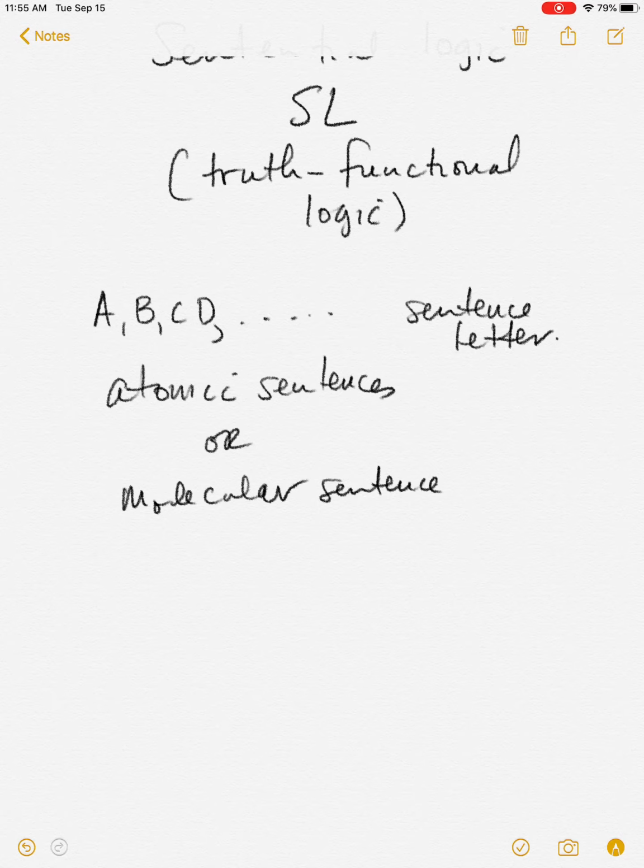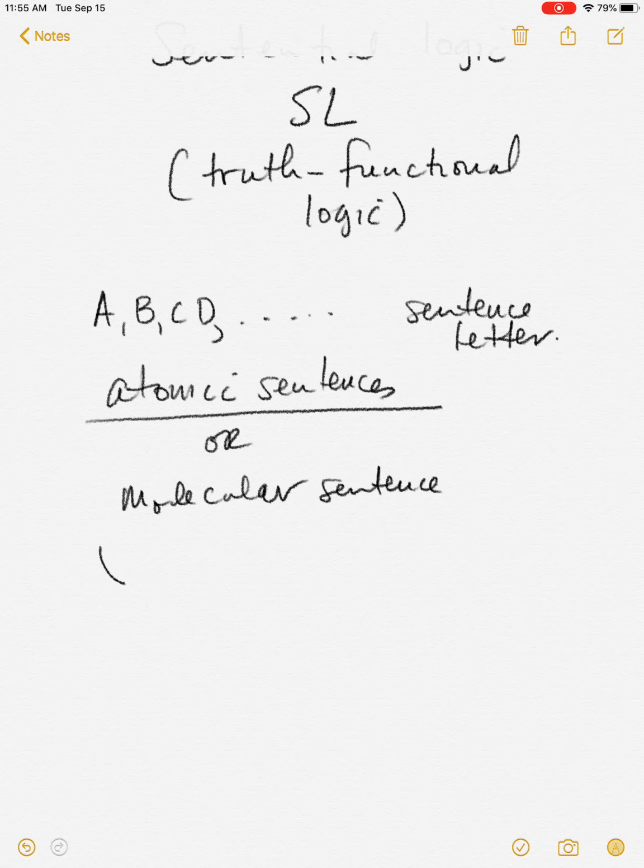Okay, so every sentence of SL is either atomic or molecular. Atomic sentences are just the sentence letters. Molecular sentences are built from sentences of SL by means of the sentential connectives of SL that are, which we're going to see very soon, truth functional.